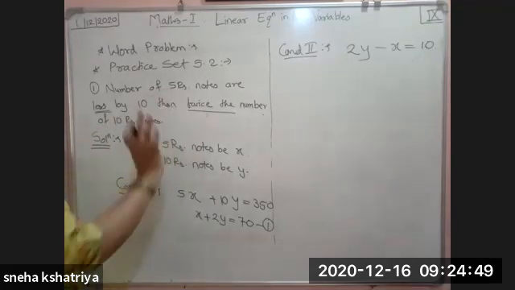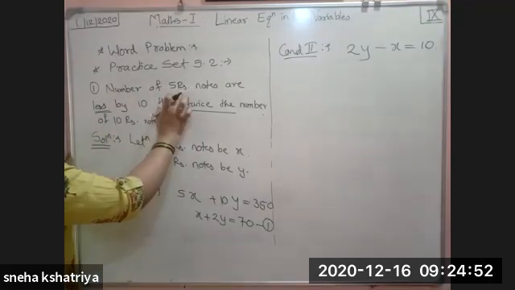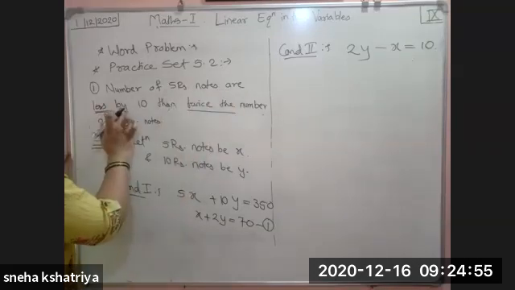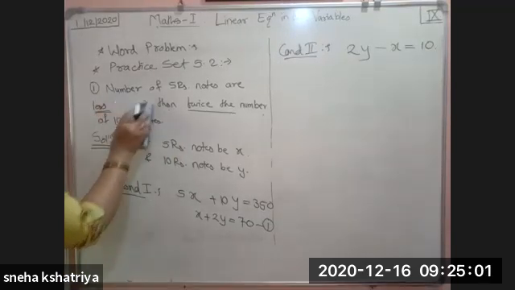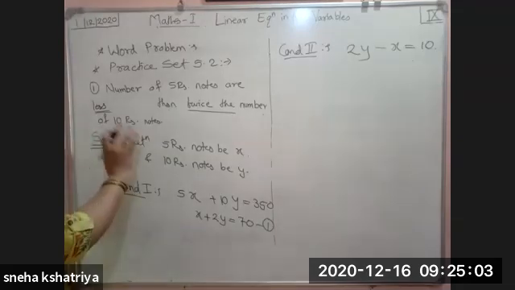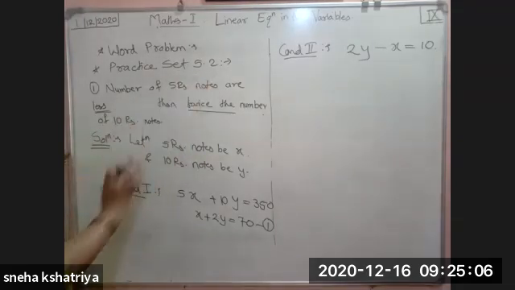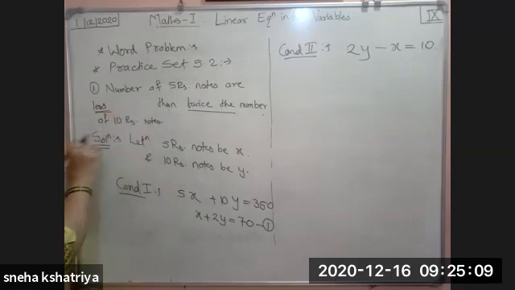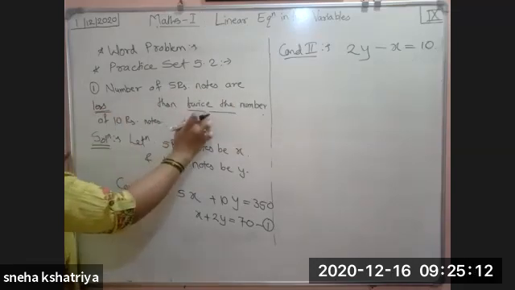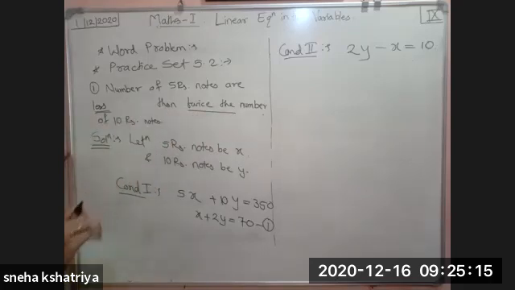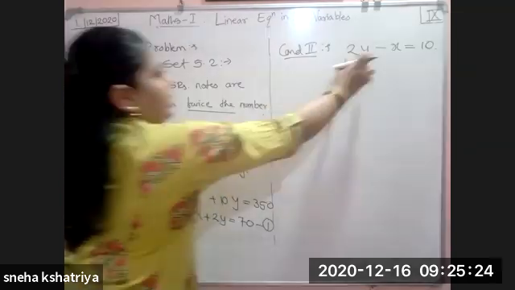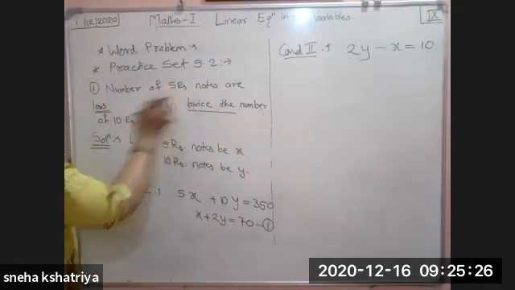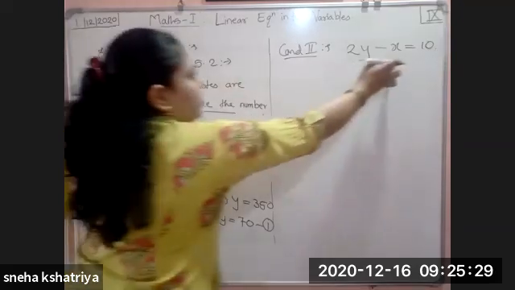Okay, again we will see how it is coming. Number of 5 rupees notes are less, by 10, just for the moment to understand the left hand side properly, I have removed by 10 here. Number of 5 rupees notes are less than twice the number of 10 rupees notes. This much only statement is there. First consider like this. Twice the number of 10 rupees notes, so 2y, less means minus sign, number of 5 rupees notes. 5 rupees notes is how much?